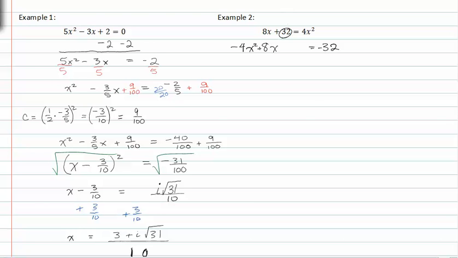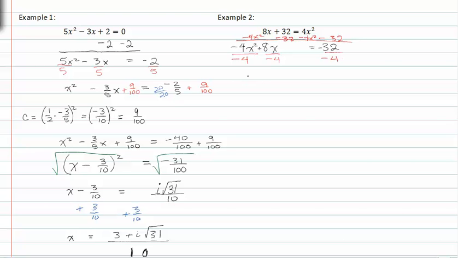So that means we're going to have to subtract 32 from both sides and subtract 4x squared from both sides. That gives us negative 4x squared plus 8x equals negative 32. Let's divide everything by the leading coefficient, negative 4.